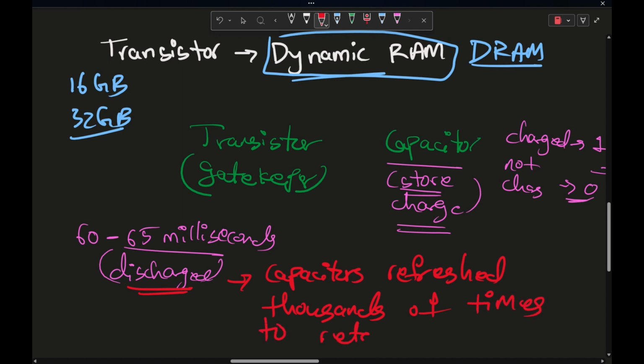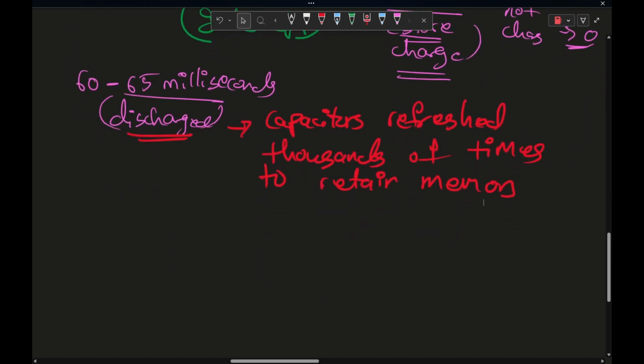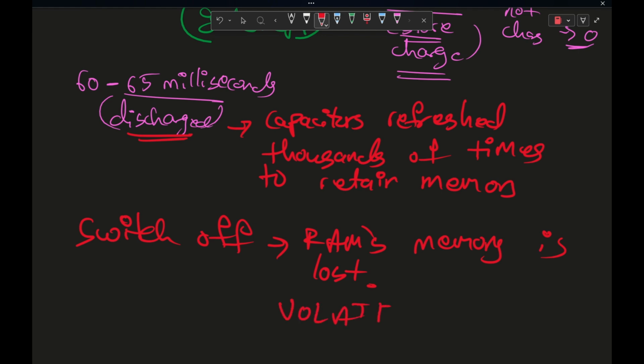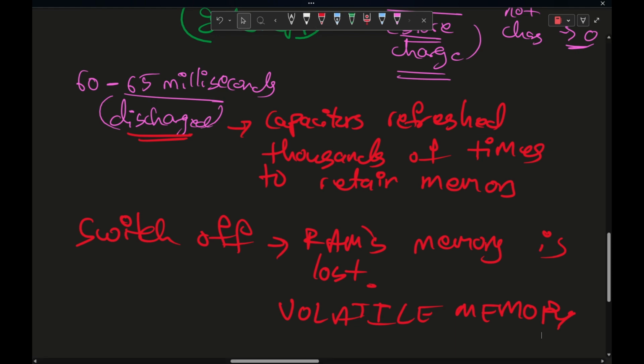So it constantly uses electrical power, and this is the reason that when we switch off the laptop, RAM's memory is erased, or we can say lost. That's why we say RAM is a volatile memory, because we require constant electrical charge to recharge or refresh it.